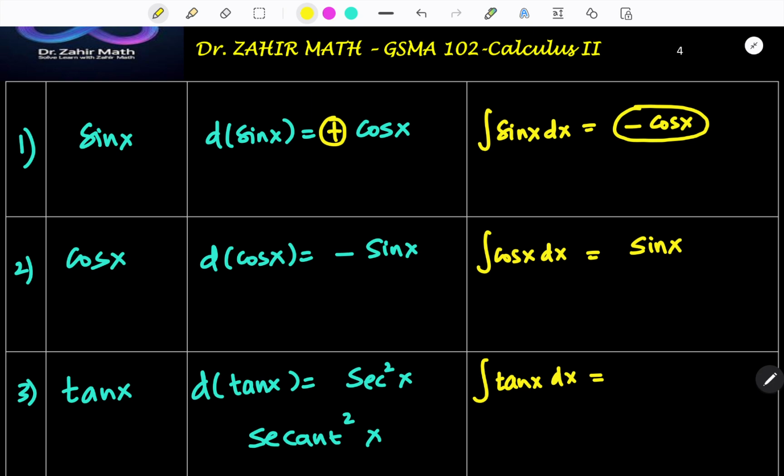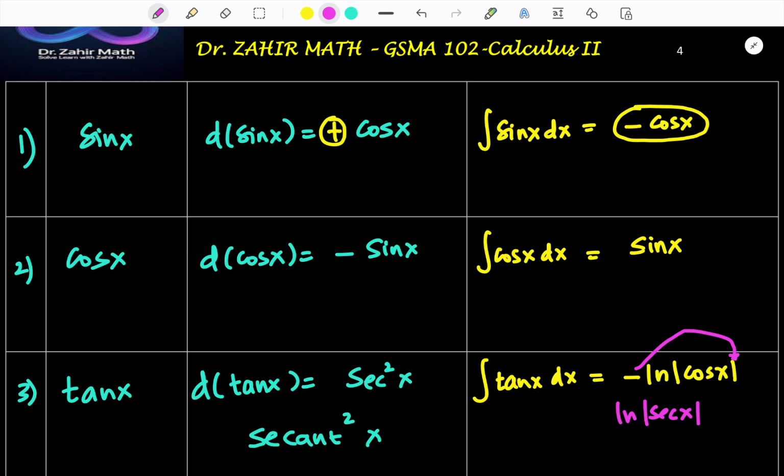It is not the same as this. It's totally different. And for the integral of tan x, there are two formulas. Number one is minus ln absolute value cosine x. Teacher, every time do I need to put absolute value? Not necessary, but just practice it. The second formula is ln secant x. Why? Because this minus goes to the top. Cos x to the power of minus 1 is what? Which is 1 by cos x. 1 by cos x is what? Secant x.